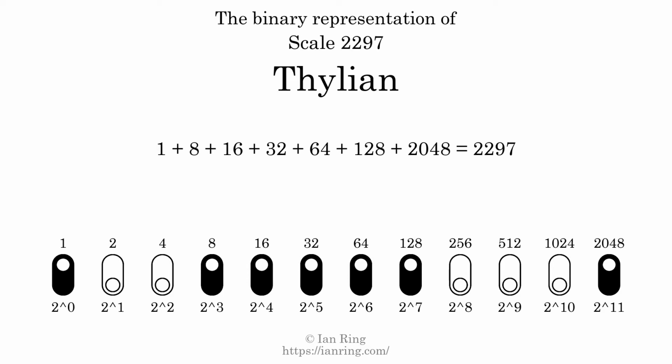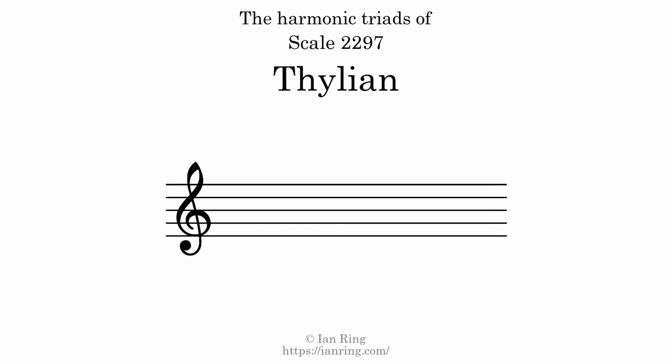That is why the scale number, in decimal, is 2297. The scale number not only enumerates the scale with a unique index, but it also literally describes the tonal content of the scale. Represented as a binary number in base 2, the scale number is 1000111111001.